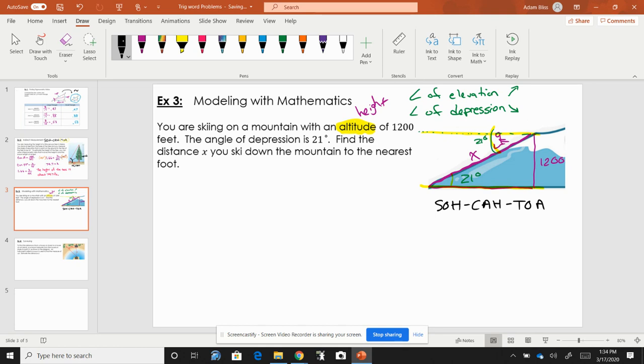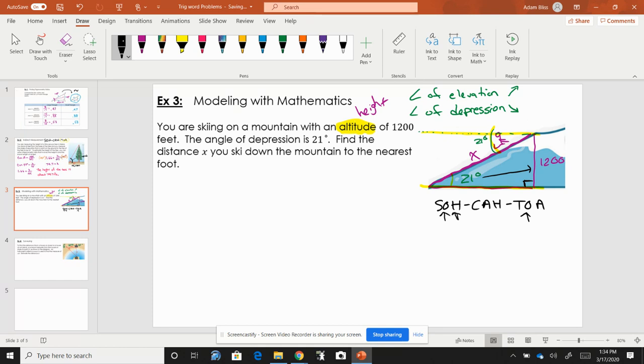So what do they give us? An angle, and they give us the opposite side. Right. So what do we know? We know the opposite. So it could be sine, it could be tangent. What are we trying to find? This is the distance along the mountain slope, so that's going to be our longest side. Again, your hypotenuse is opposite your right angle, so we're trying to find the hypotenuse.